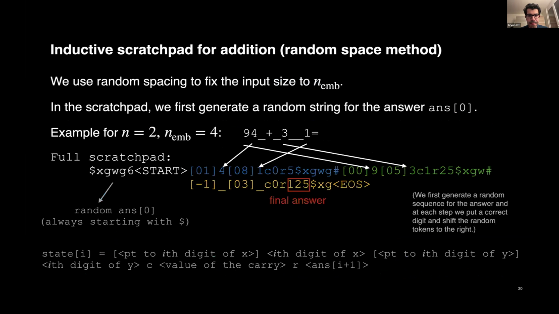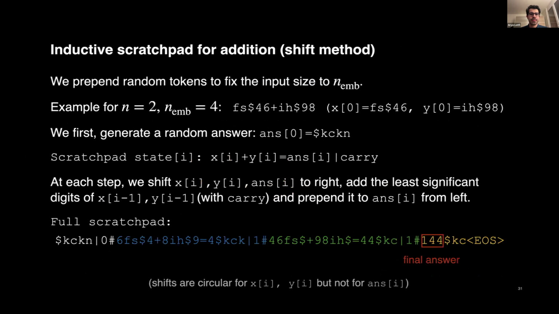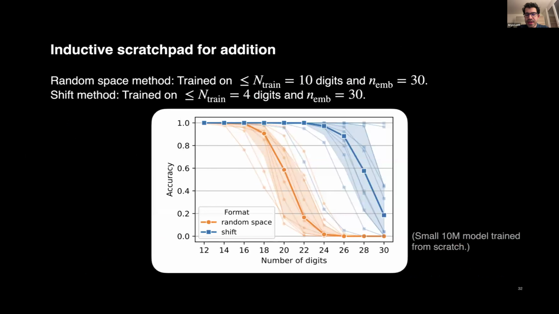We can easily see from the orange curve that we can train on additions of size 10, and get almost 60% accuracy up to size 20, or almost perfect accuracy up to size 18, which is again almost double length generalization.